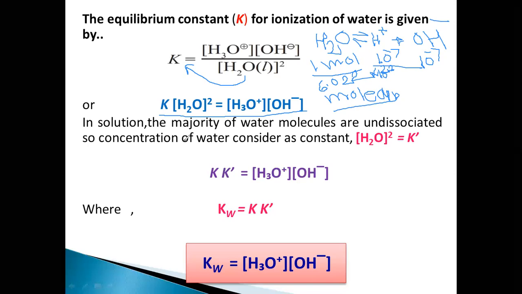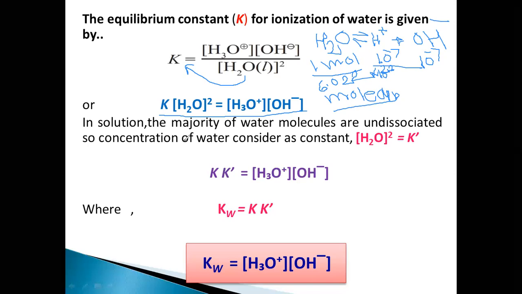So that's why the concentration of water is considered as a constant, and that means इसका meaning क्या है? The concentration of water does not change because a negligible amount of water molecules undergo dissociation.